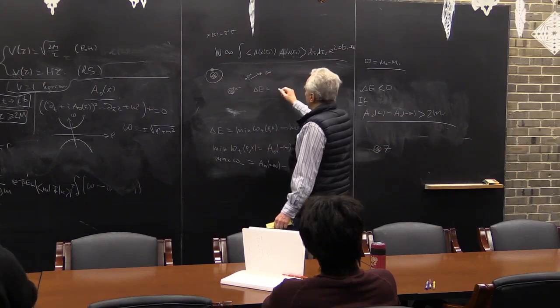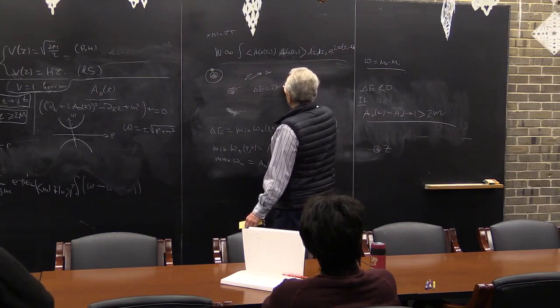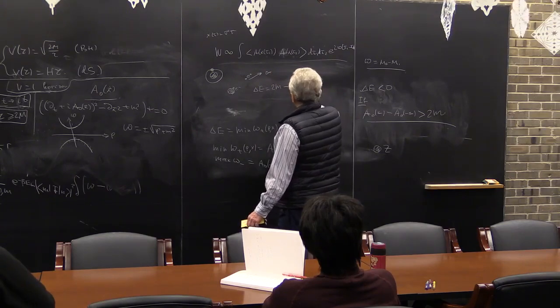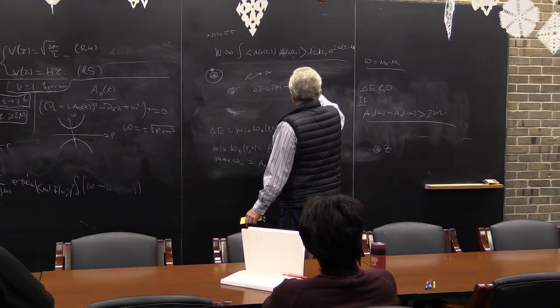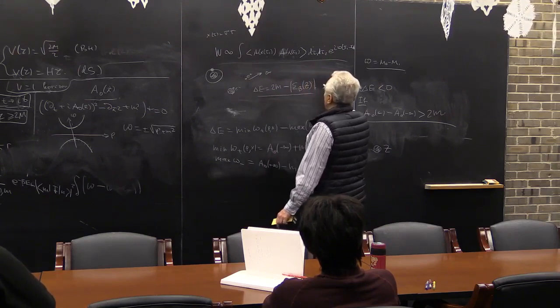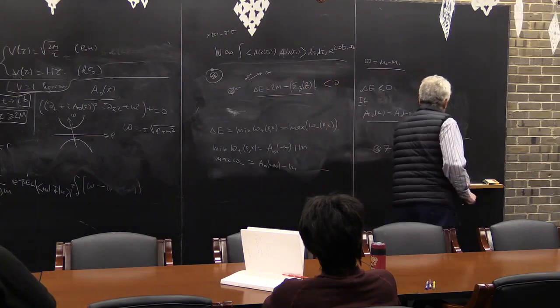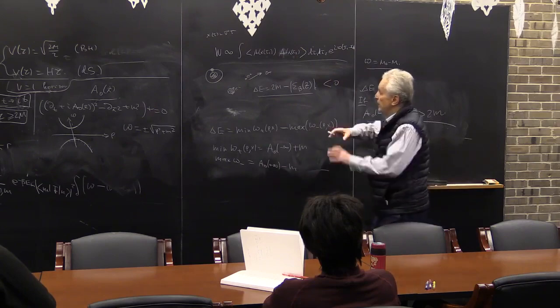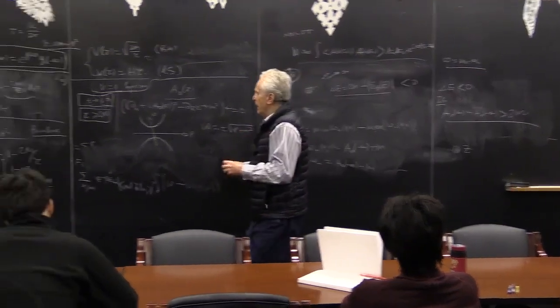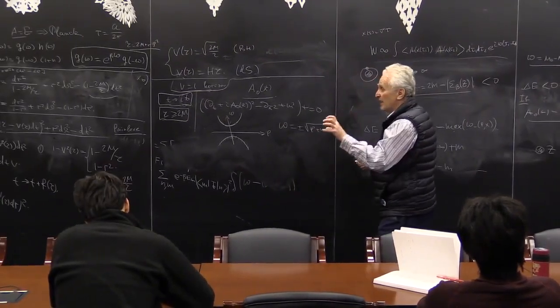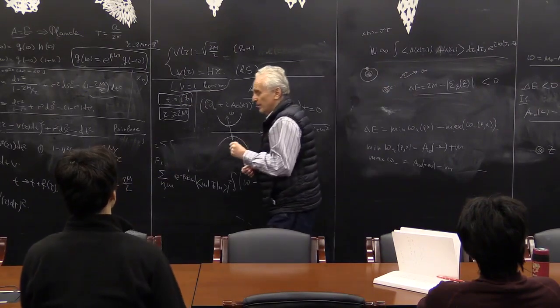Delta E, we lose 2m, but we win the binding energy, which depends on Z. When it is greater than 1, you will start radiating. The nuclei becomes lighter than the atom.